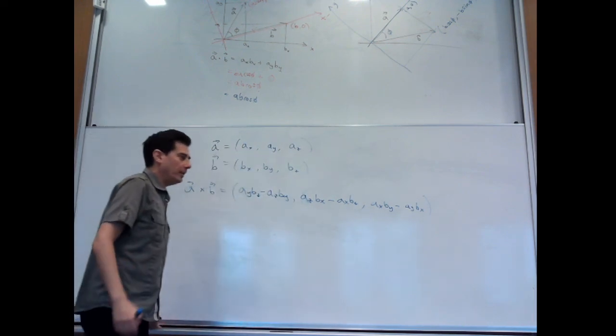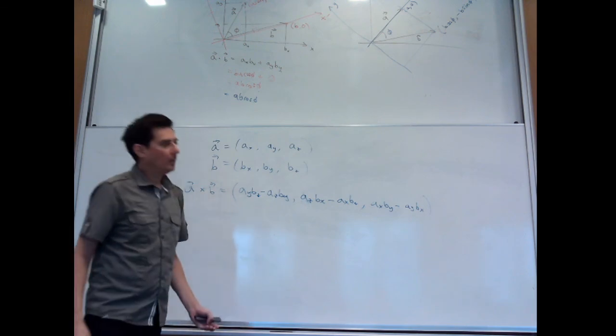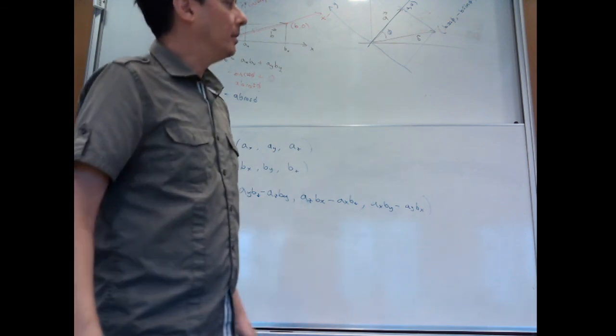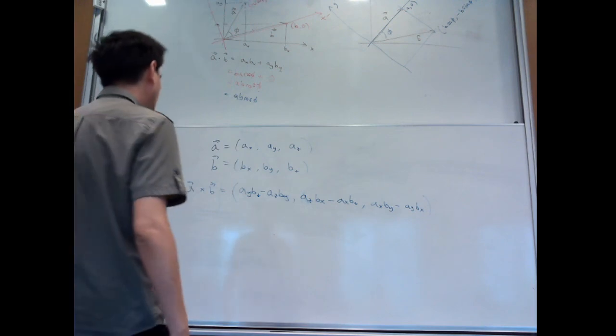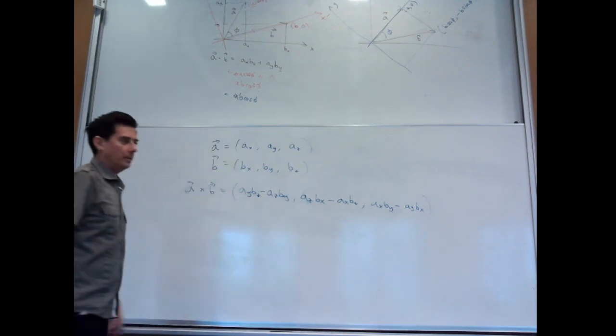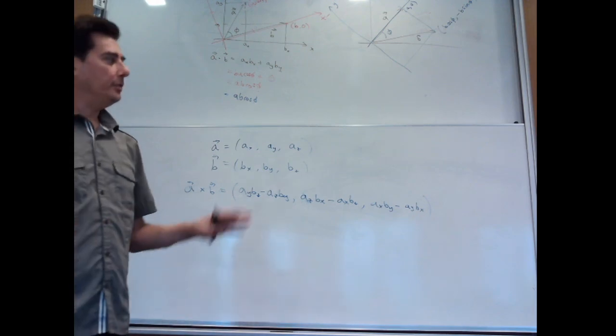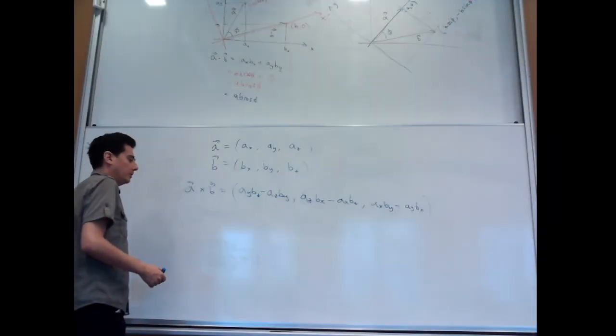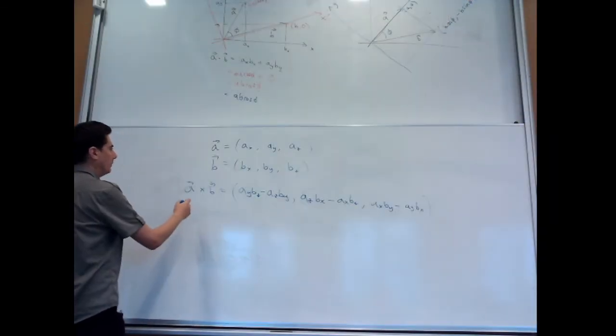So here's another way to work out the same thing, but we're going to use the unit vectors. The idea of using the unit vectors is to first work out what is the rule for the cross product for the unit vectors, right? Maybe we can just do an example here.